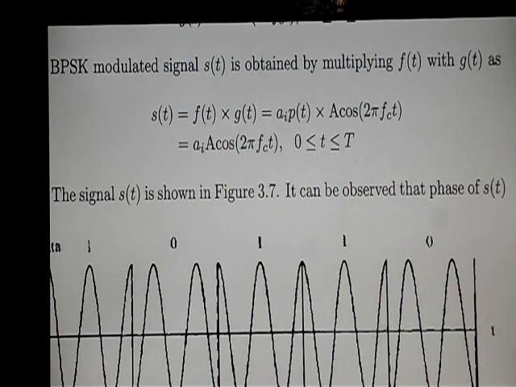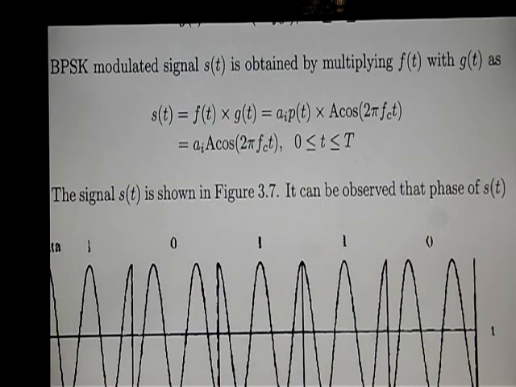Why? Because in the above line, by definition, p of t exists only from 0 to T. So below we have just mentioned the time, that our expression can be rewritten in this form, valid for 0 to T.